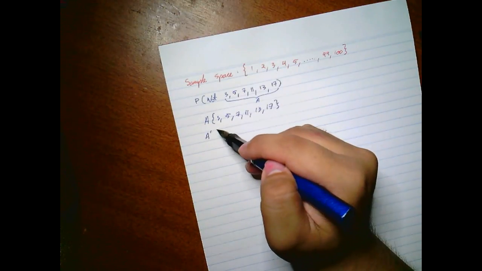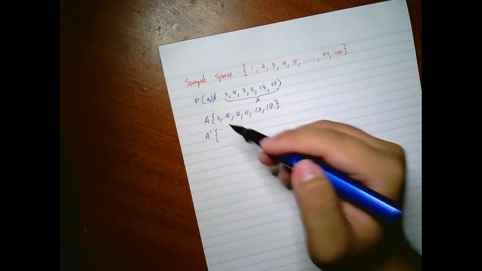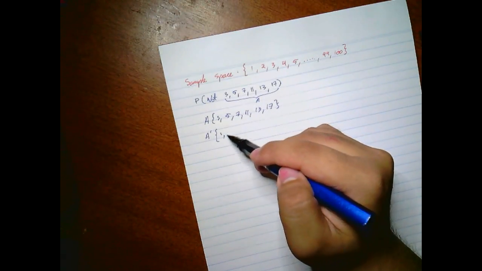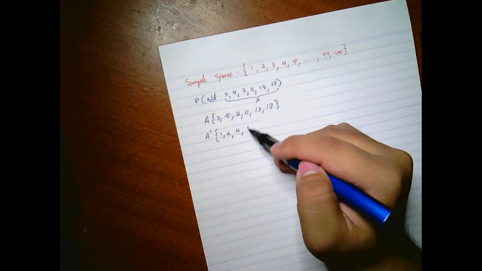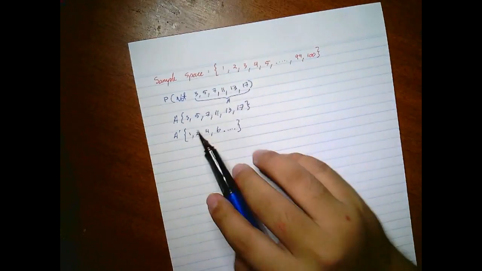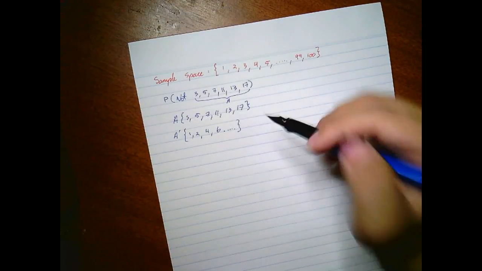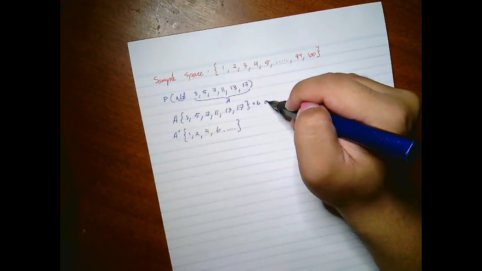For the not A, there is no way I am going to list everything here. I'm not going to list 1, 2, 4, 6, and so on. Instead, I'm just going to count 3, 5, 7, 11, 13, 17, that's 6 outcomes.